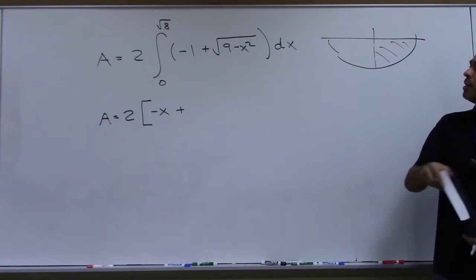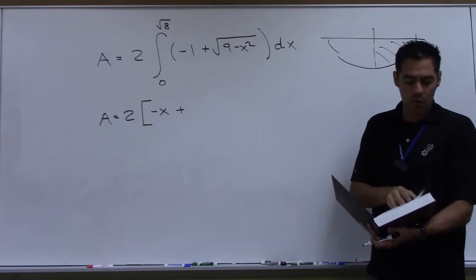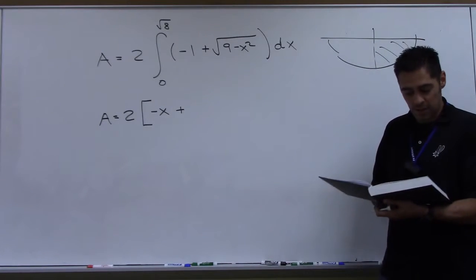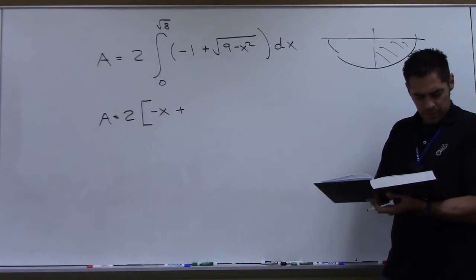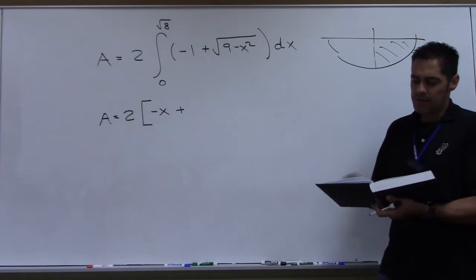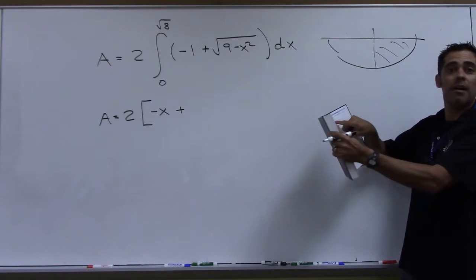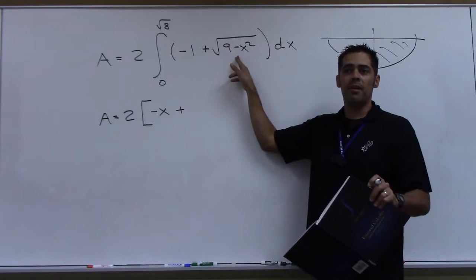Do we have a formula for something that looks like a squared minus x squared? It's a trig sub for sure, but is it on our formula sheet? It's actually formula 30, which is not on your sheets. But do we all understand we could do a trig sub on this?